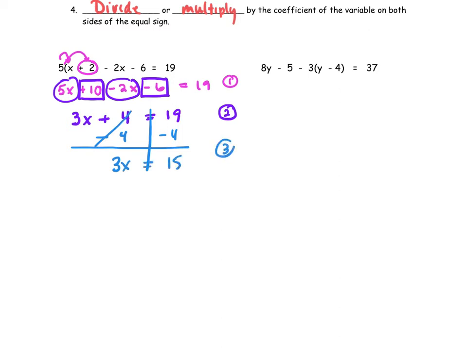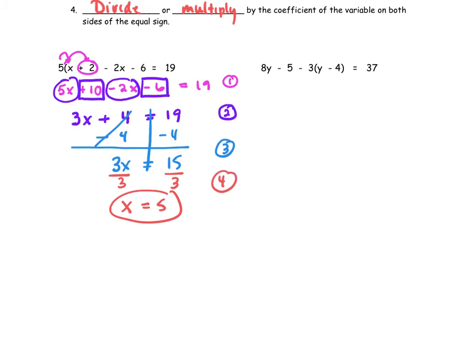That was step 3. And finally, our last step is to multiply or divide, and that's again based on what we're given. We're going to do the inverse. This is multiplication, so we're going to do the opposite. We're going to divide by 3, and our final answer is x equals 5, and that was our fourth and final step.